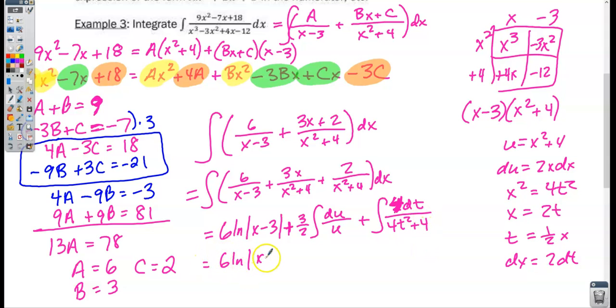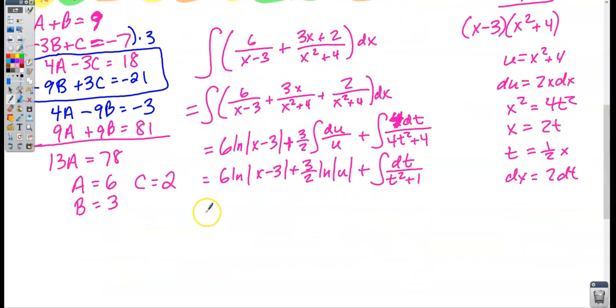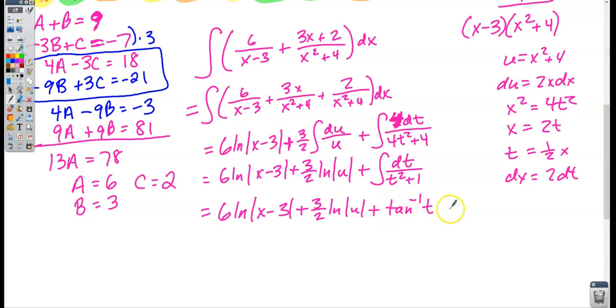And I can integrate this first one. That's a natural log of the absolute value of u. And for this one, I can factor a 4 out of the numerator and a 4 out of the denominator. 4 over 4 is 1, and so this turns into this integral. That's the arctangent of t.